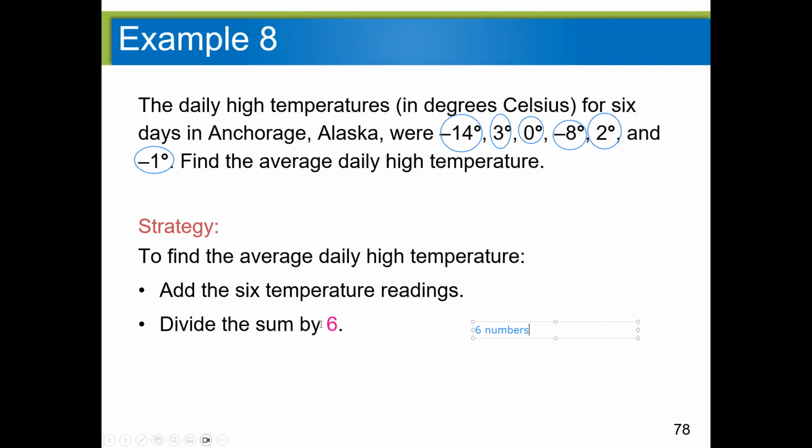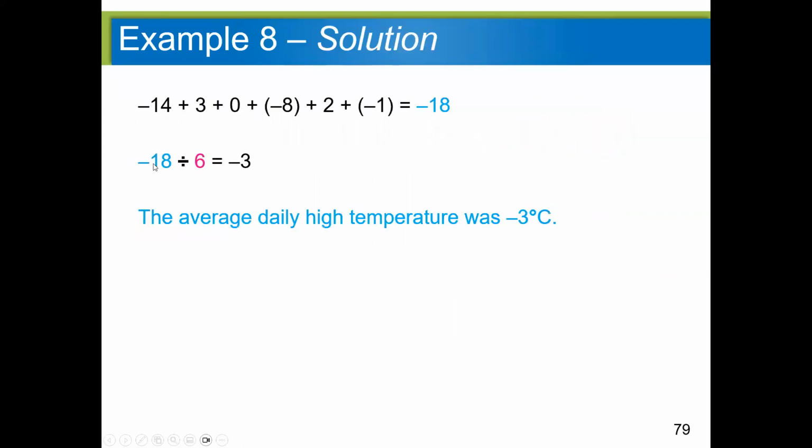And then what is sum? Well, sum is addition. So we add up the numbers together to get the sum, and then we divide by the number of numbers, which is 6.